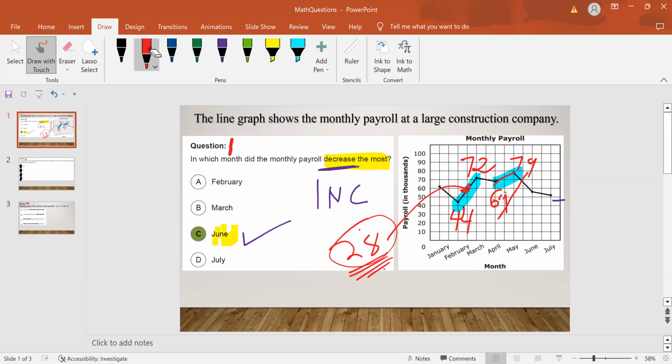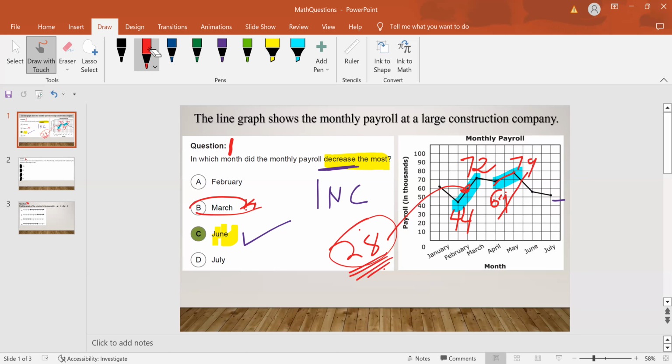So in case they change the question and say increase the most, the answer will be March, because from February, which is 44 million, to March, which is 72 million, we see that the gap is large. One is going up. So the answer will be March.